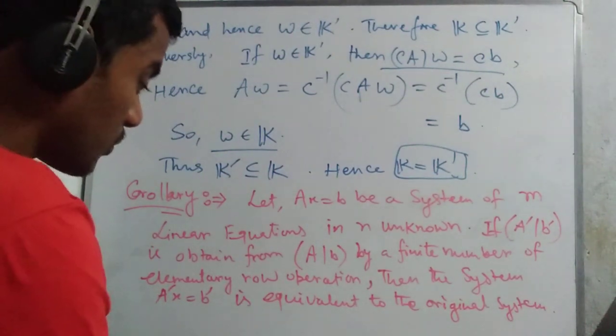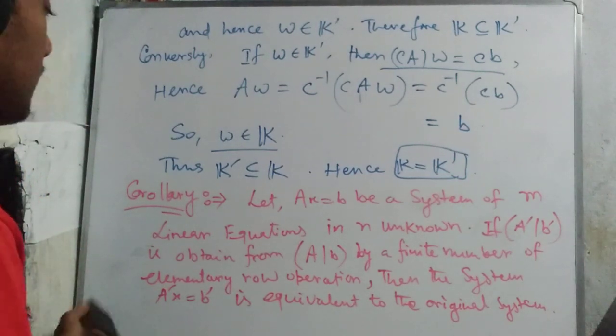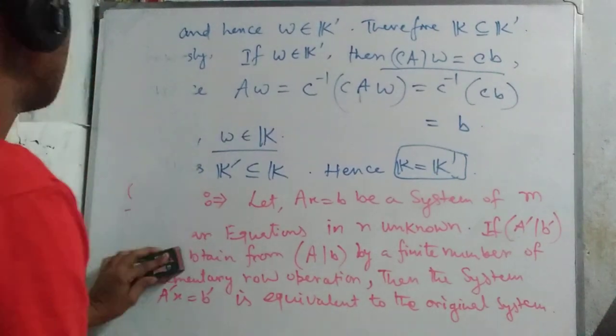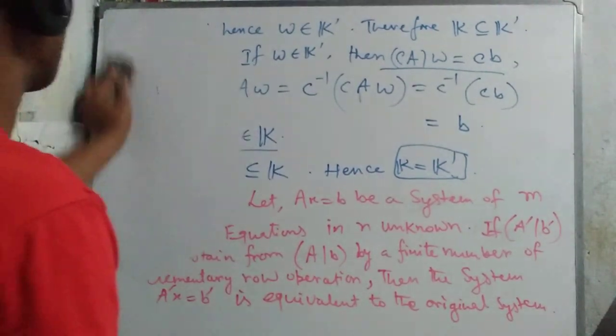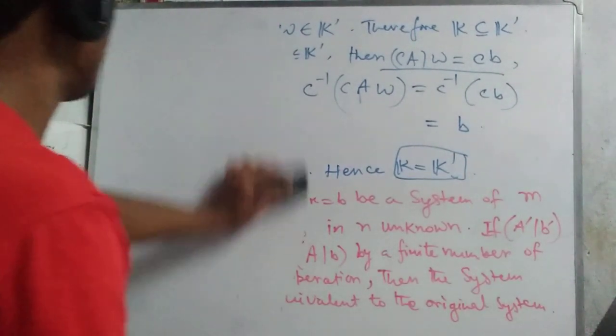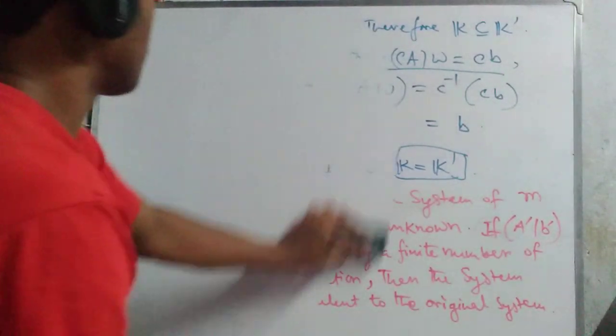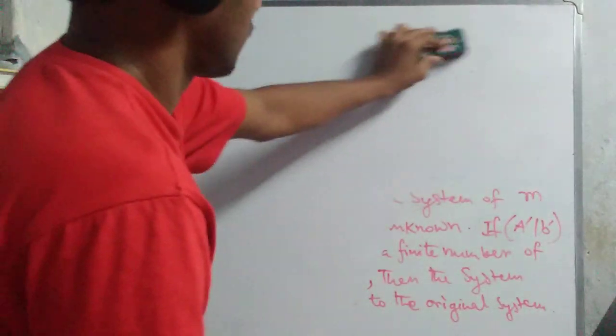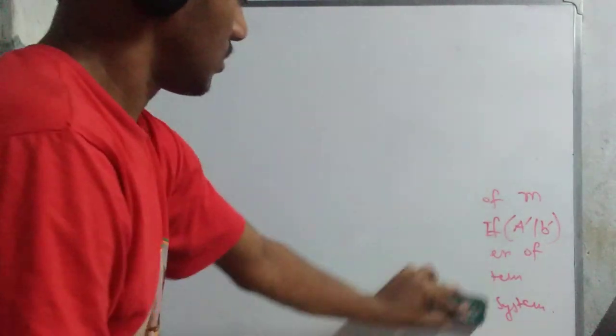So we now prove that. We erase that portion and go on to the proof. We write it here, proof.